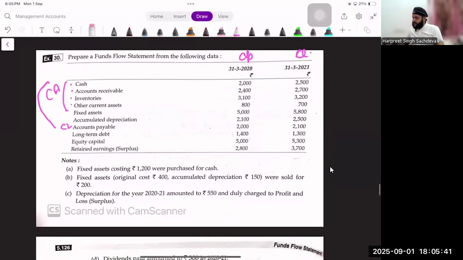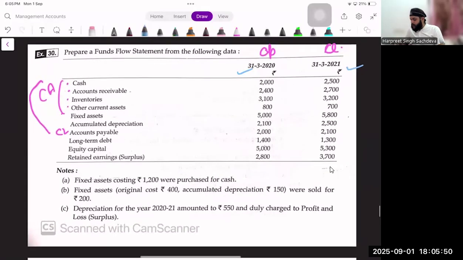Okay, Raja, we'll do exercise 30. Prepare fund flow statement. Opening balance, closing balance. We are given cash, accounts receivable, inventories, other current assets. So all are current assets. They will go to the working capital. Then fixed assets and accumulated depreciation in the ledger accounts, fixed asset and provision for depreciation.